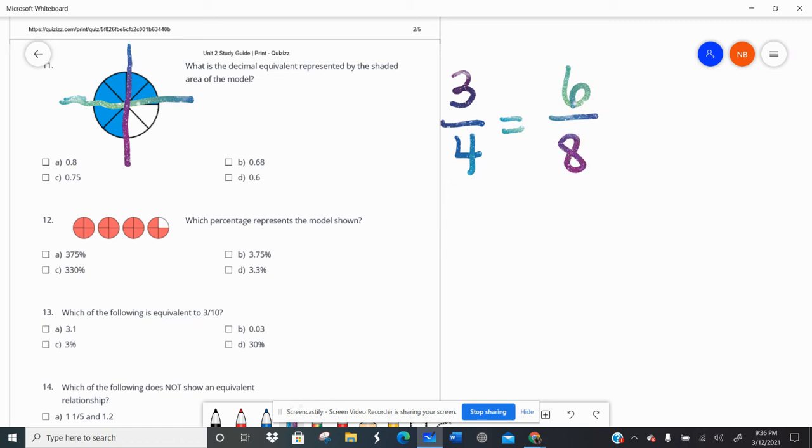Well, 6 out of 8 is equivalent to 3 out of 4, right? I have those 4 equal sections. Now 1, 2, 3 are shaded out of 4. 3/4. If I have 3/4, I have 75 cents, right? So don't overthink it. Sometimes it's way easier than you think it is. Think about money or pizza or things that are common to us that help us identify these common fractions.